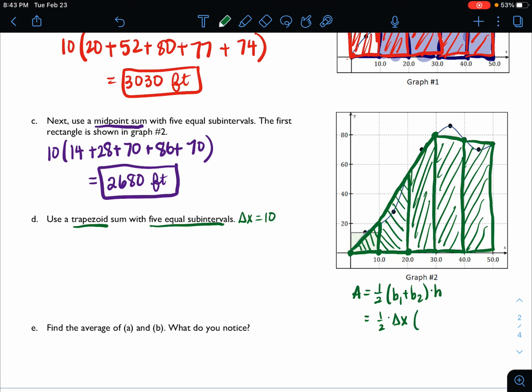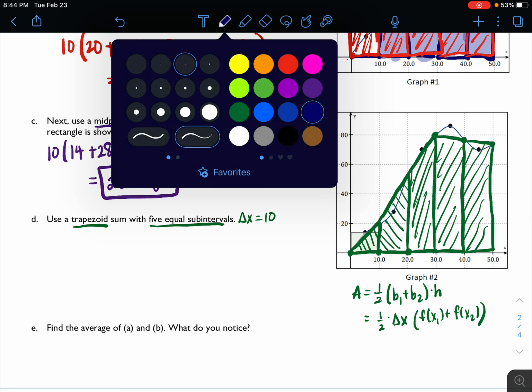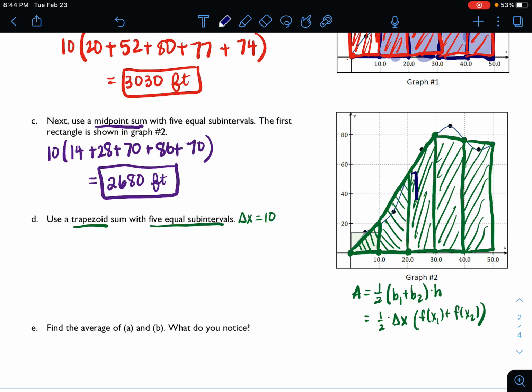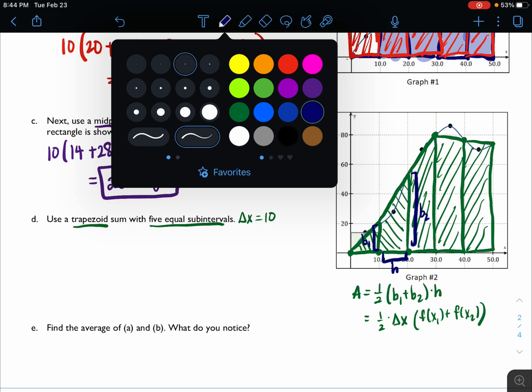You can factor it out. Times f of x1 plus f of x2. Those are your heights there. And so just to label that, this is your base 2, this is your base 1, this is your height, because our trapezoid is actually on its side here.